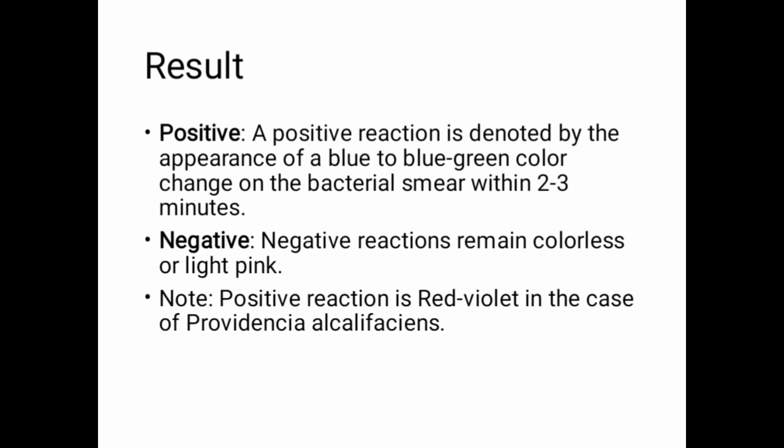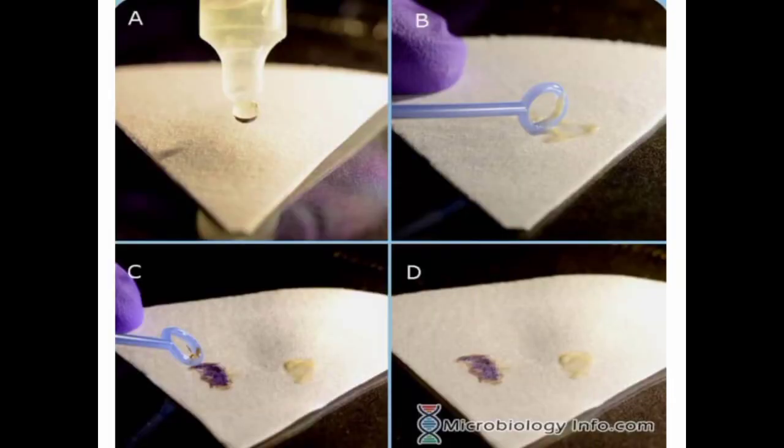On the basis of the different methods, different reagents are used in these two methods, so the colors will also be different. This is the diagrammatic overview of the indole spot test. First, we take the indole spot reagent on a filter paper.